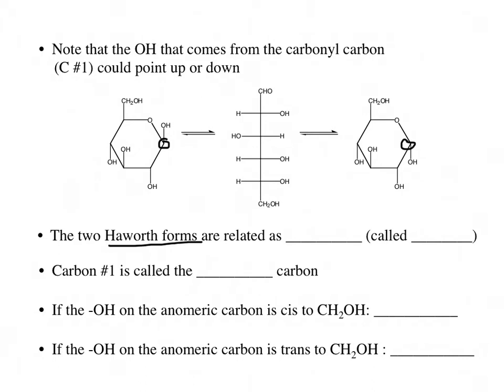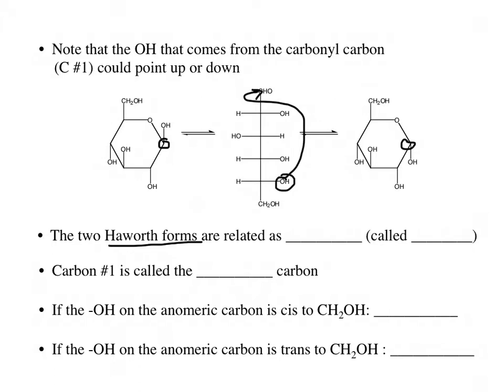Now what's going on to close it up is this last OH, this last chiral OH, is actually coming around and attacking the carbonyl. And so an OH attacking an aldehyde is forming a hemiacetal. Remember that reaction?